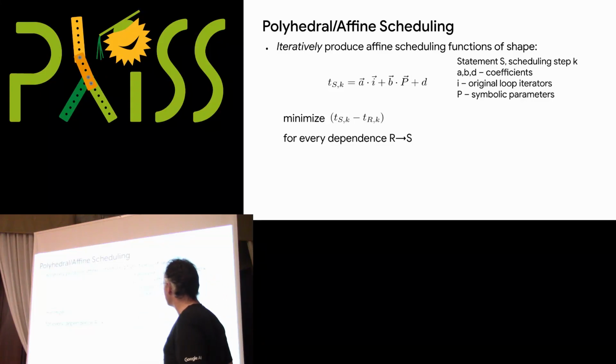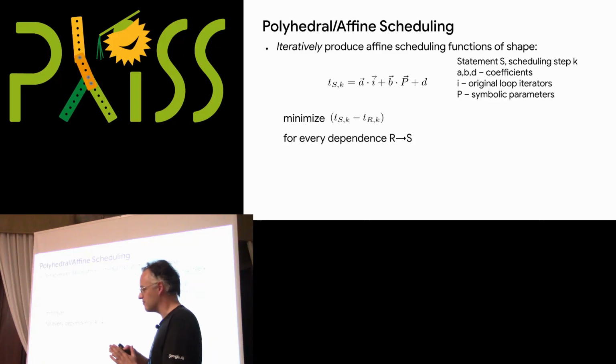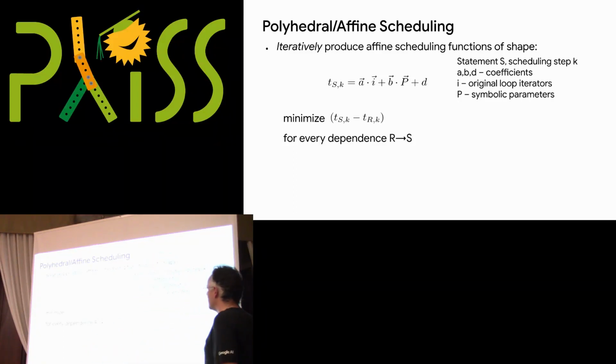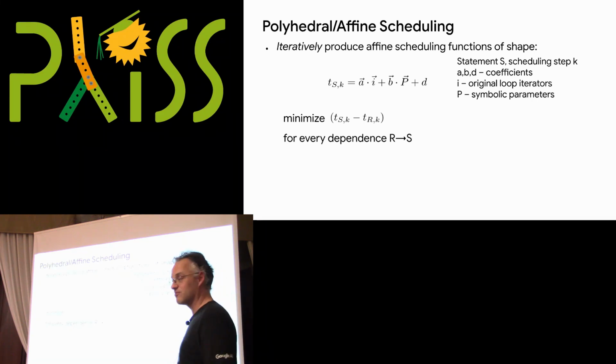So for example, trying to minimize the distance between producers and consumer, assuming you have a dependence from a statement R to a statement S, you want to minimize the number of steps it takes, that's kind of an approximation of how long the value will be stored in the cache. This is not an optimization problem that's easy to solve because the T function is not affine, it's not linear.